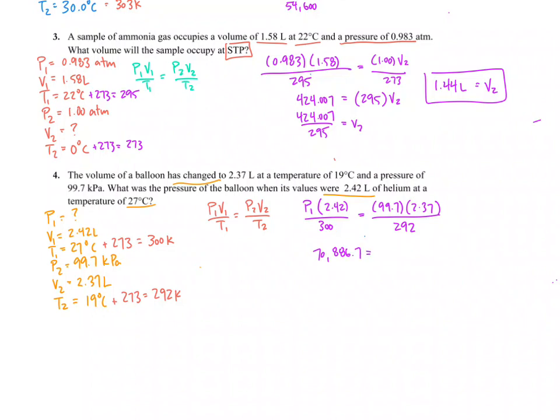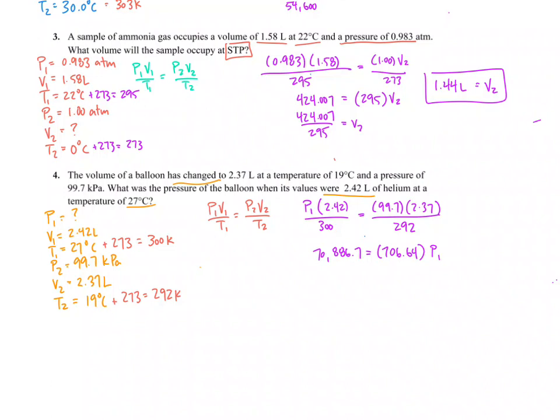And then everything on the numerator multiplied by the denominator on the other side. We don't know the value of P1 yet, but we can multiply 2.42 times 292. And that gives us a value of 706.64 times my starting pressure.